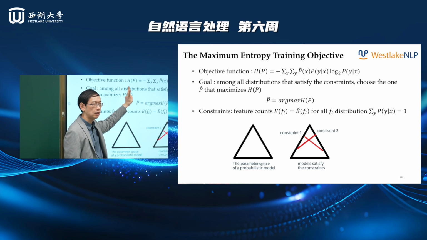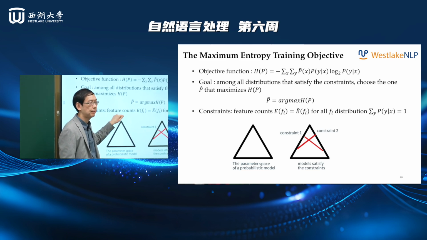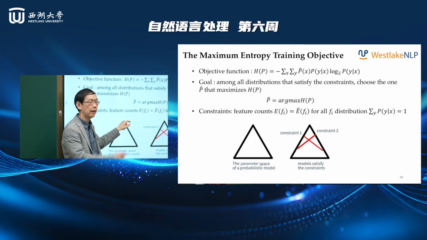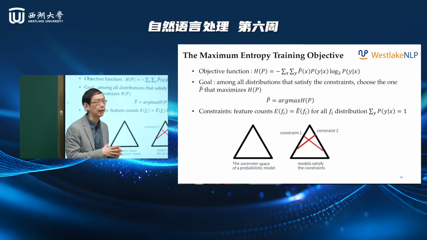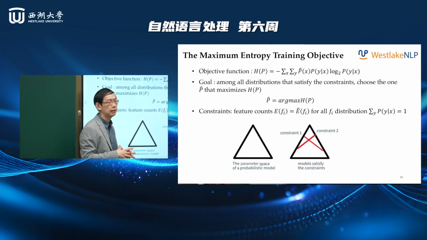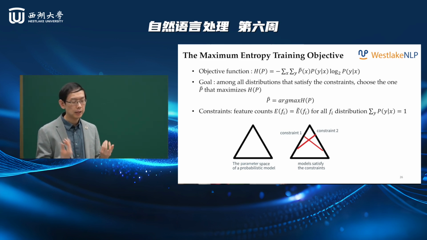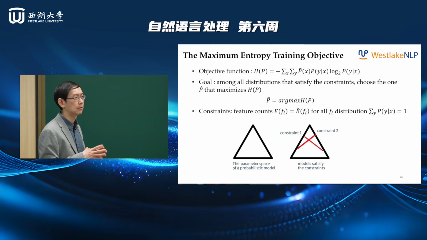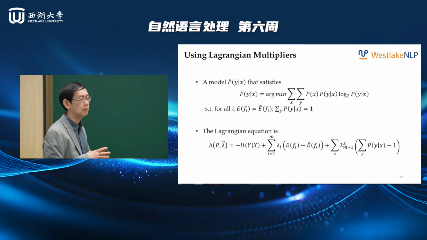The first constraint is knowledge in our data, which is represented by the expectation of every feature instance according to the model being the same as the count over the data. The second constraint is that the probabilities add up to 1. Again, this is a constrained maximization problem, so we can do it by using Lagrangian multipliers.